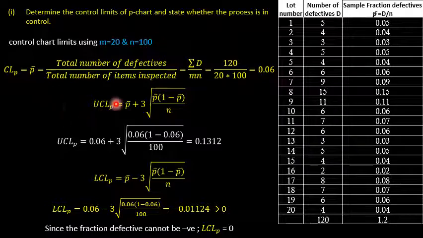With this we calculate the upper and lower control limits. In the upper control limit formula we put P bar equal to 0.06 and n equal to 100. We get an upper control limit of 0.1312. Similarly, the lower control limit comes out to minus 0.01124. But we know that if the lower control limit is negative, we convert it into 0. So the lower control limit is equal to 0.